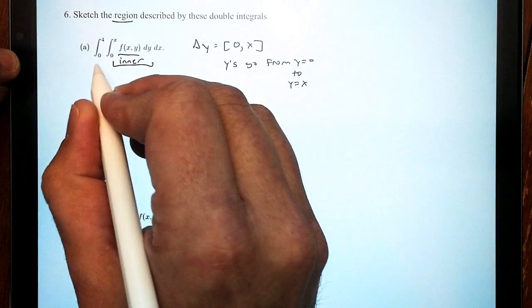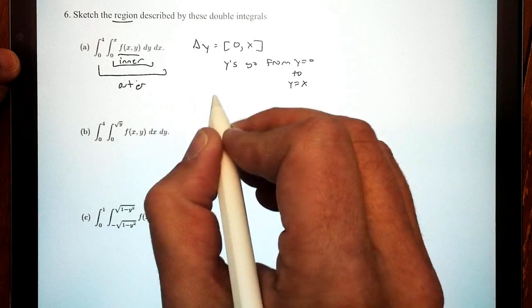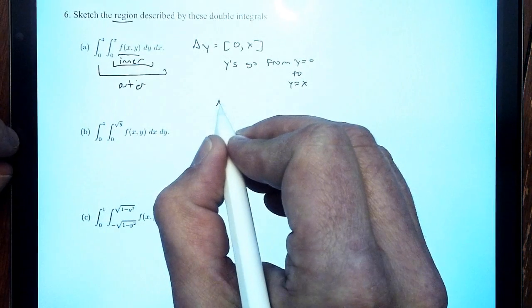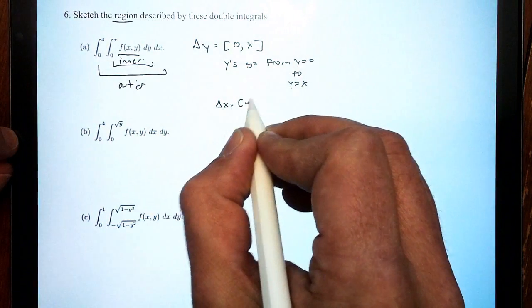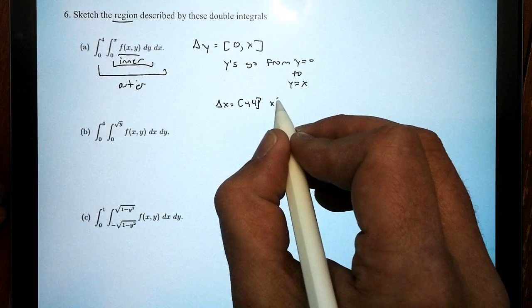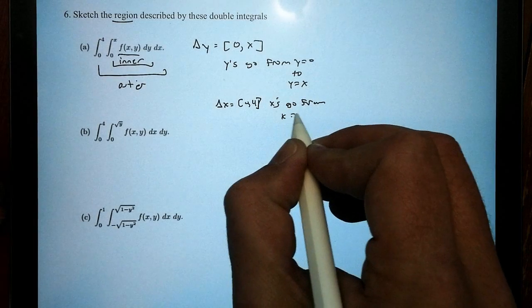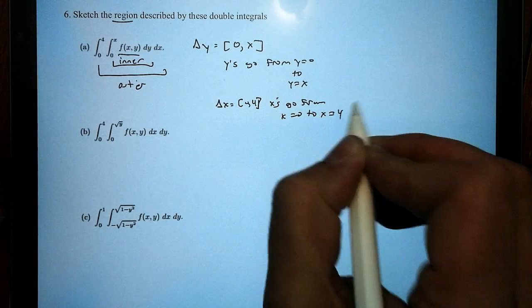And then the outer part, the dx, goes from 0 to 4. In other words, the x's go from x equals 0 to x equals 4.